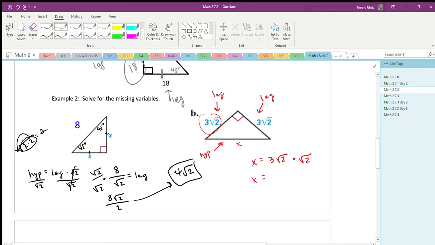But now I have 3 root 2 times root 2. Another way to write square root of 2 times square root of 2 is square root of 2 times 2. I've got a pair of 2's, one goes away, the other one comes out. There's nothing left inside of the square root, so I'm not going to write the square root sign anymore. So 3 times 2 is what I'm left with, so x is going to equal 6.